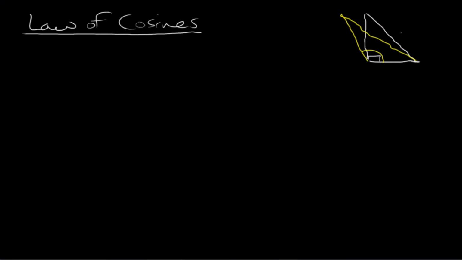What happened if this side is the same and this side is the same? I didn't change the length of this, and I didn't change the length of this. It's congruent to itself. What happened to this side?